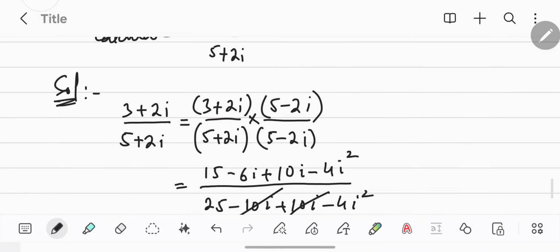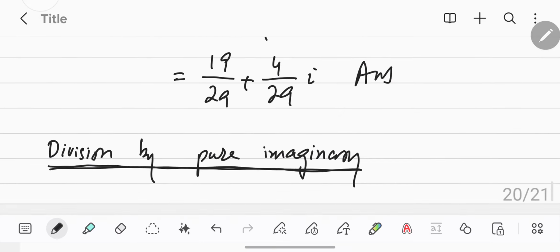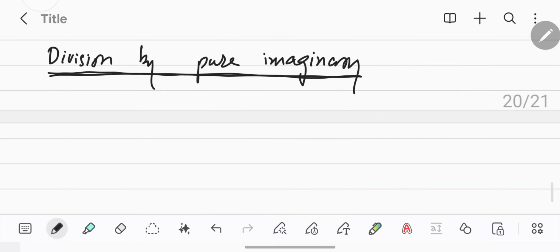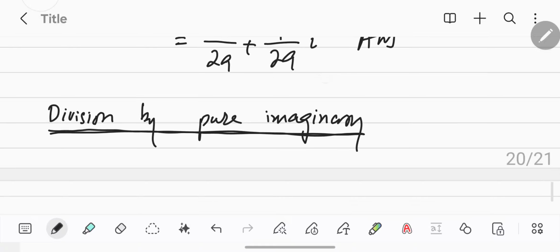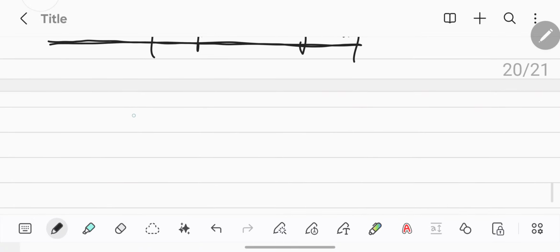In the previous example, we had division by a complex number which was a mixed one. Mixed means it had real part as well as imaginary part. It was neither pure real nor pure imaginary. It had both parts. If we divide something by pure imaginary number, what will happen then?